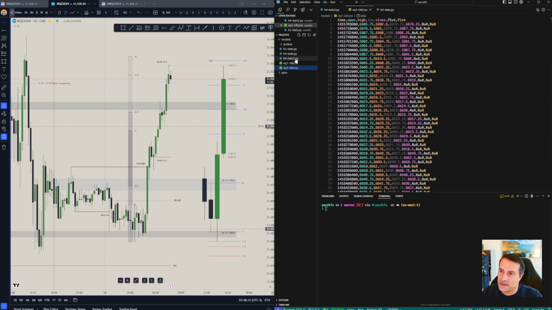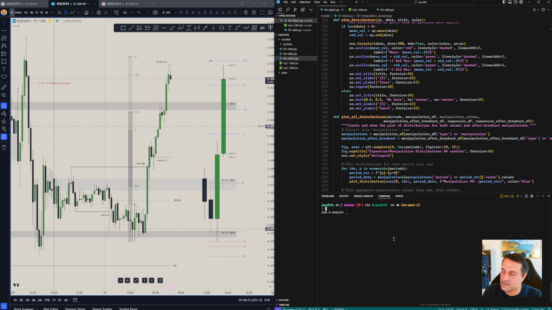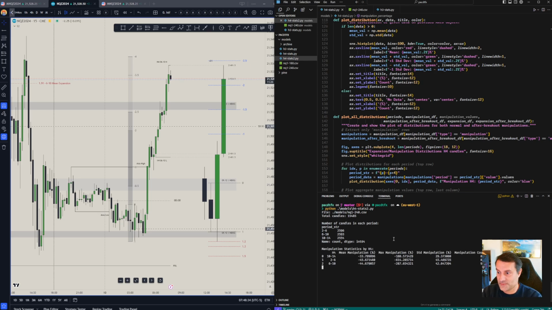And I've been writing some H4 stats, coding with the help of OpenAI's large language model O1, some statistics about the closes: how much the 4-hour candle expands, how much they expand after a breakout.